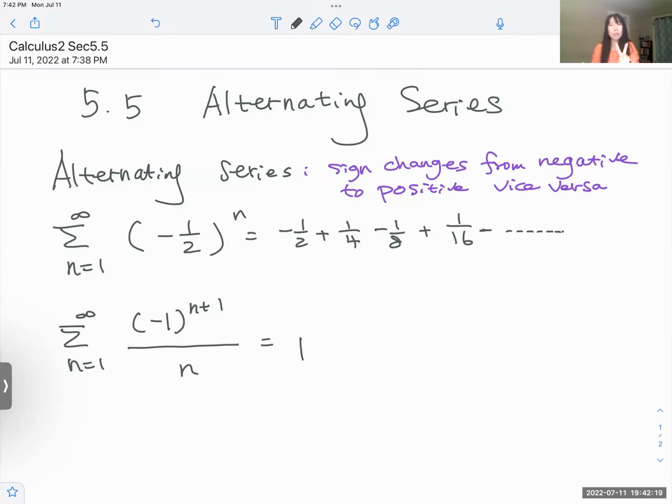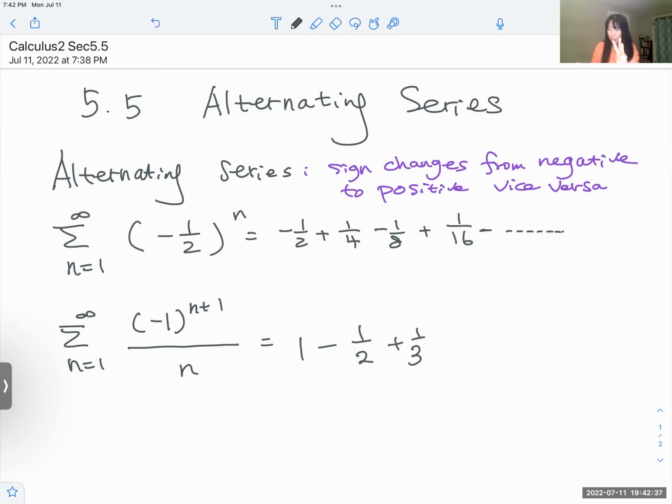When n equal to 2, 2 plus 1, which is negative, and then 1/2, right? When n equal to 3, what do you get? Minus 1/2.